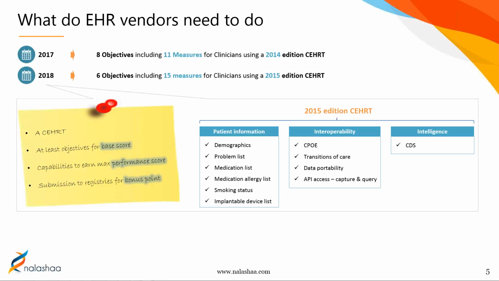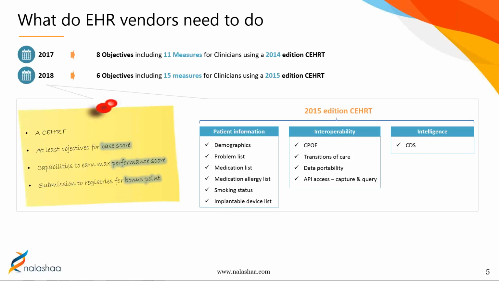What you see new in these are the implantable device list, which is a certification criterion under patient information, and in interoperability, you see the API access, which is capture and query. We'll go into more detail on API in our next slides. And the intelligence is our CDS, the clinical decision support.